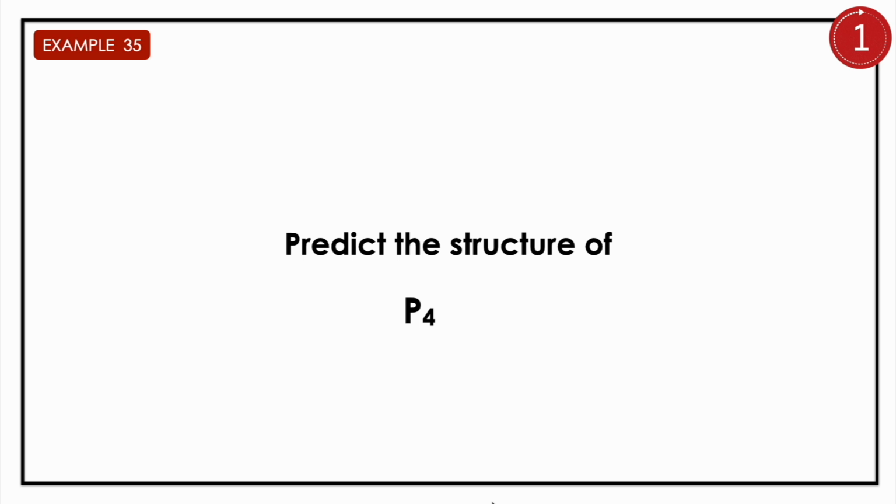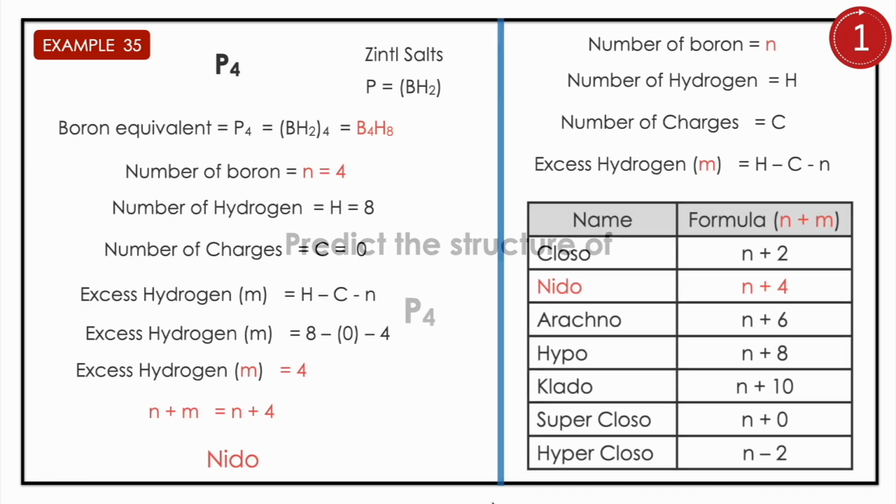Then the next example, it is an interesting one, P4. It is phosphorus. You should find the structure of the molecule using Wade's rule. Here the simple compound P4 is given. It is a cluster called a Zintl salt.